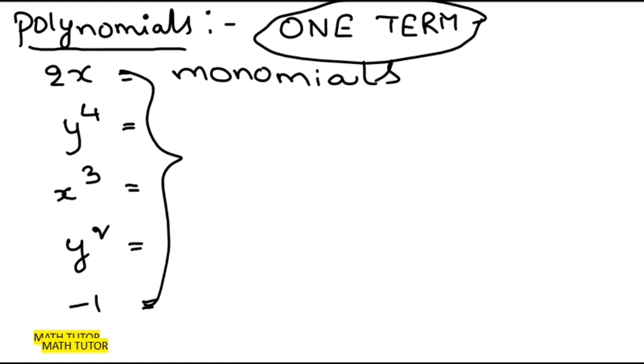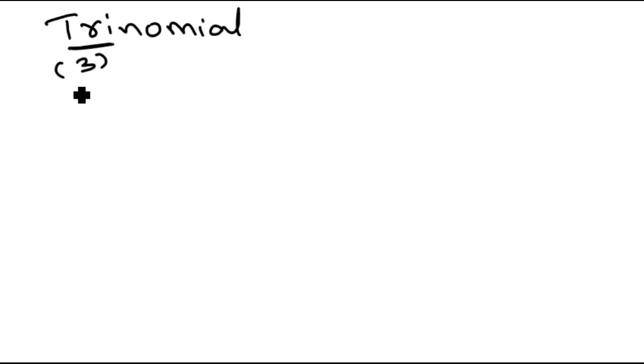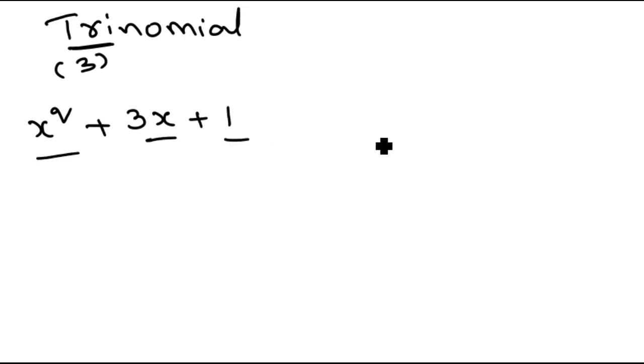Understand? We have something like a trinomial also. What is a trinomial? Any guesses? Tri means 3. If I have 3 terms in an expression, then we can call it a trinomial.